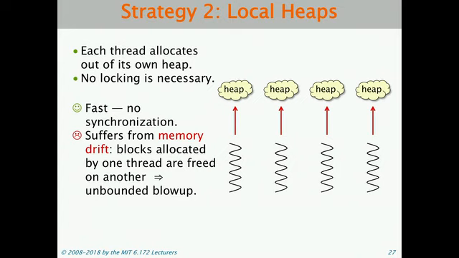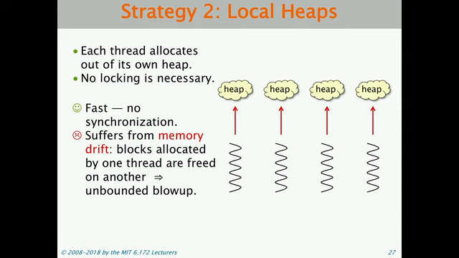So what's another strategy you can use to try to fix this? Yes? Sorry, can you repeat your question? Why exactly is this a problem, that blocks allocated by one thread are freed by another?